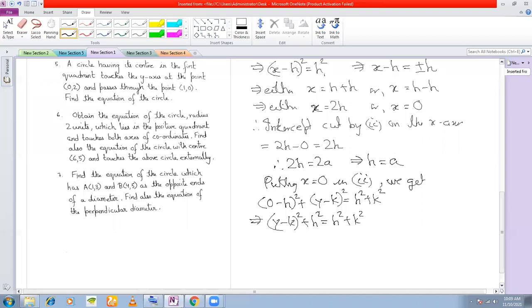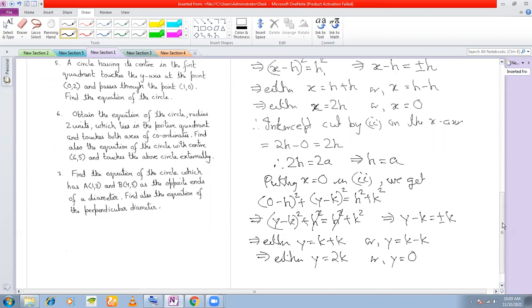Now again, similarly here h square cancels. So you get y minus k is equal to plus or minus k. So you get either y is equal to k plus k if you take the positive sign, or y is equal to k minus k if you take the negative sign. That means either y is equal to 2k or y is equal to 0, right?